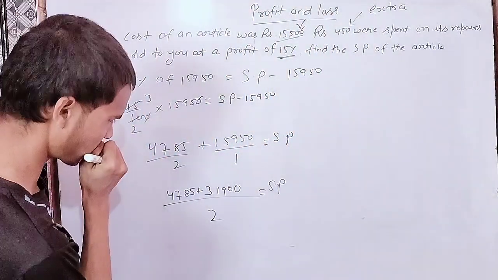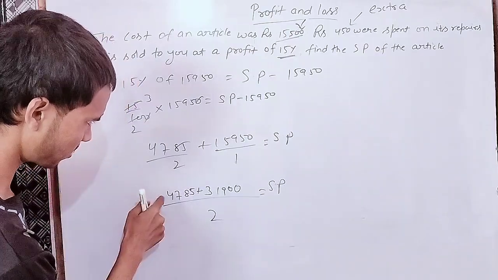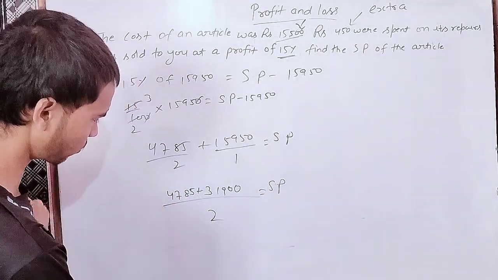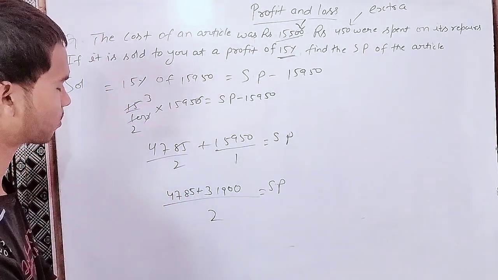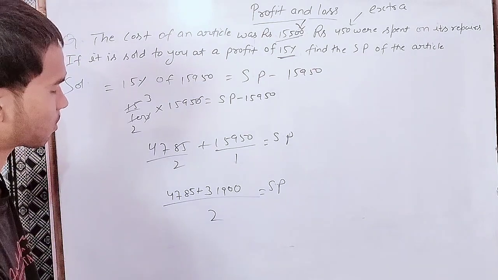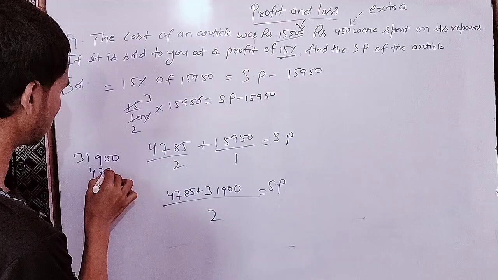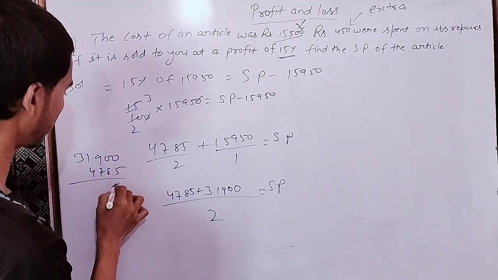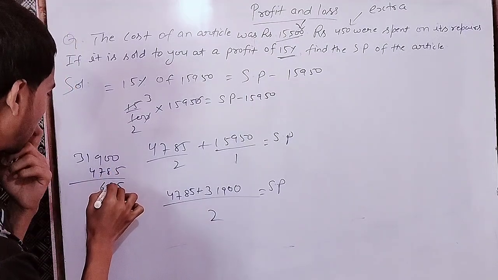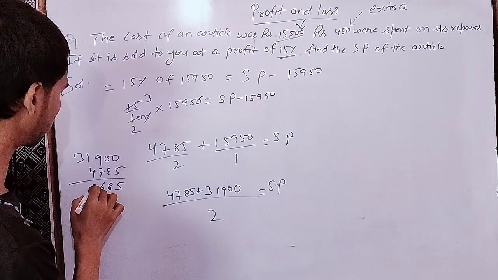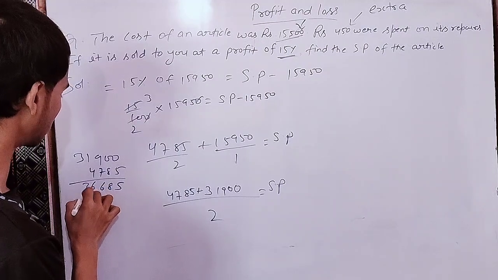Here it is 31,000 and this is 4,000. 31,000. 6, 5 and 6 again.